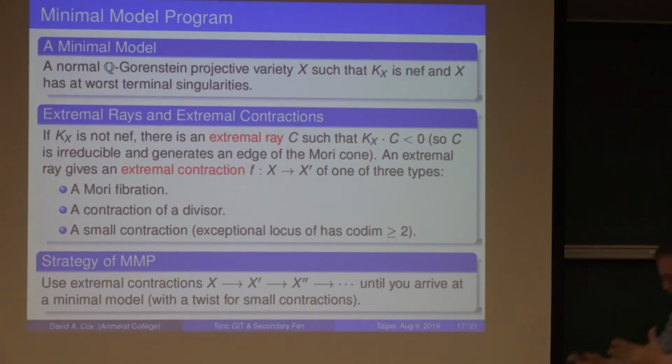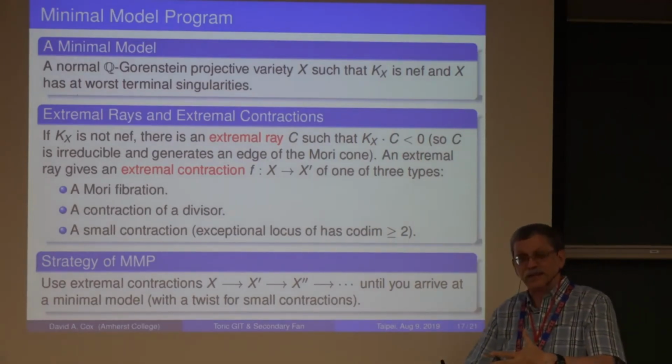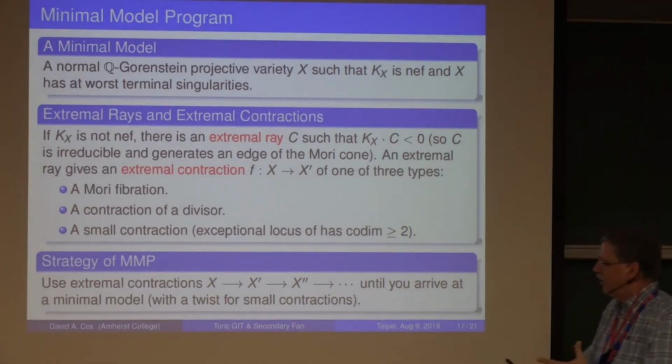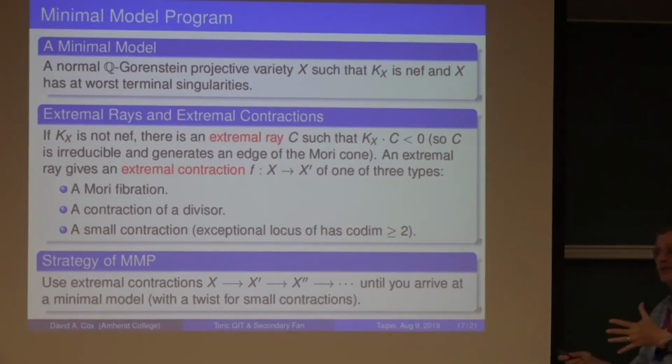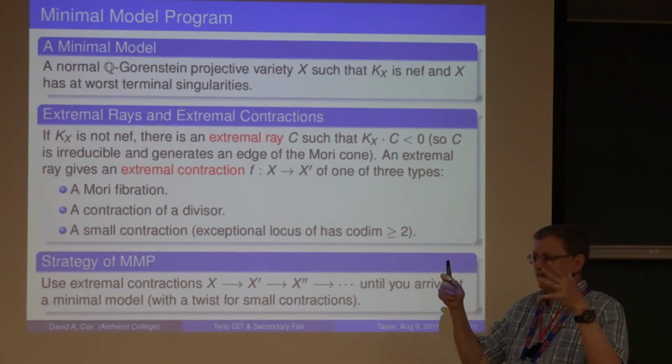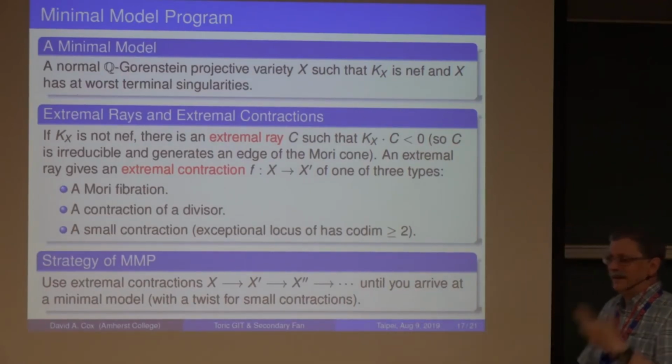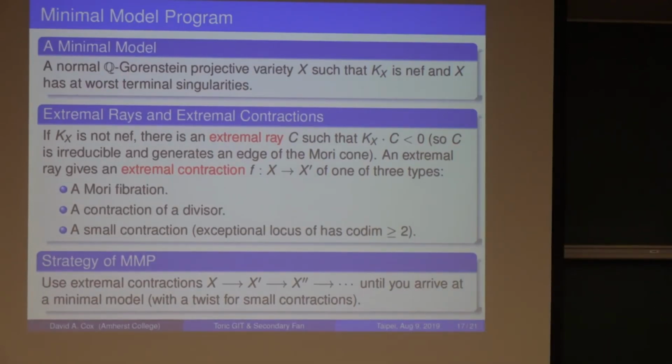It turned out for surfaces, minimal models tend to be smooth, or are smooth. In higher dimensions, minimal models sometimes have to have singularities, and that's the allowable kind of singularities. It turns out that in dimension 2, terminal singularities mean smooth. And so you only really see actual terminal singularities in dimension 3 and higher.